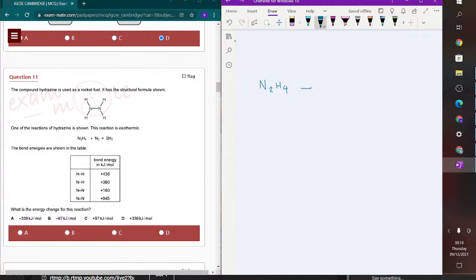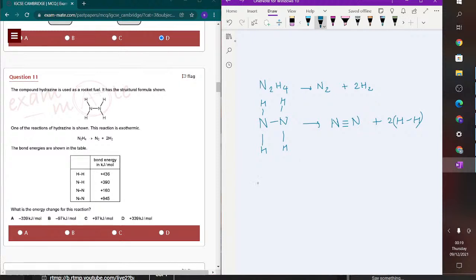N2H4 gives you N2 plus 2H2. Here they are given the structural formula, so that's a great help. And N must be like this, and there are two bonds like this.